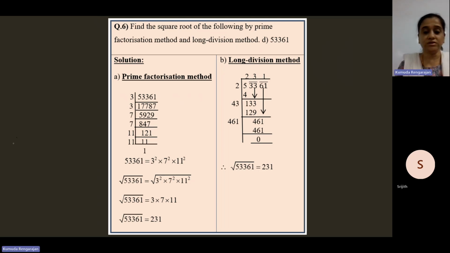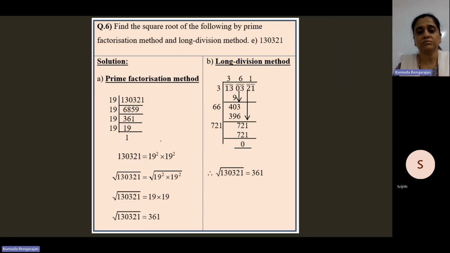Okay, so you got 231? Okay. And the square root for the next one? Correct?